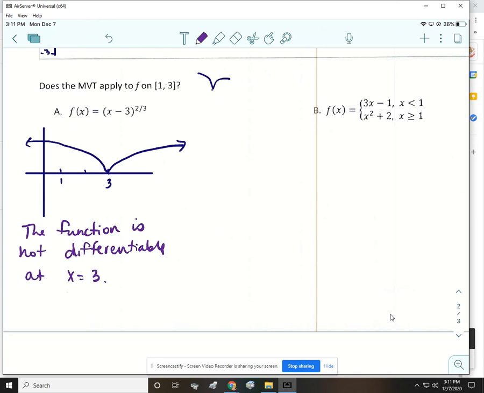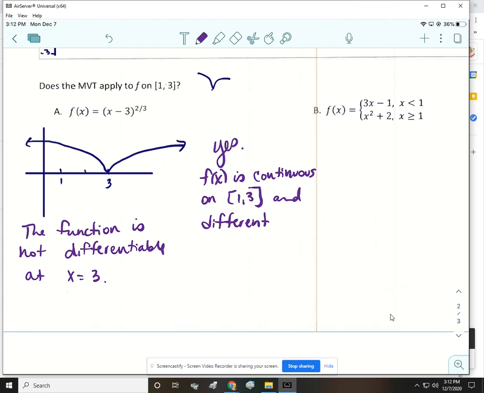But that is okay because that's an endpoint of our interval, and as long as the function is differentiable between the endpoints, you're good. It doesn't have to be differentiable at the endpoint. So we would say yes, f of x is continuous on the closed interval from 1 to 3 and differentiable on the open interval from 1 to 3.